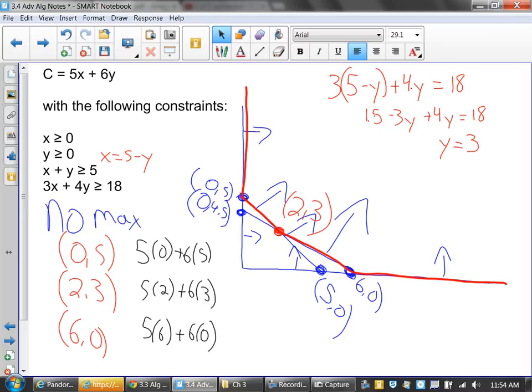So we have 30, 10, and 18 is 28, and 30 again. So my minimum value occurred here.